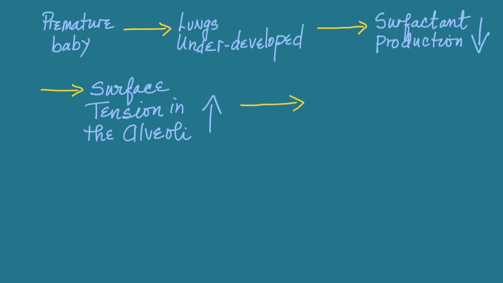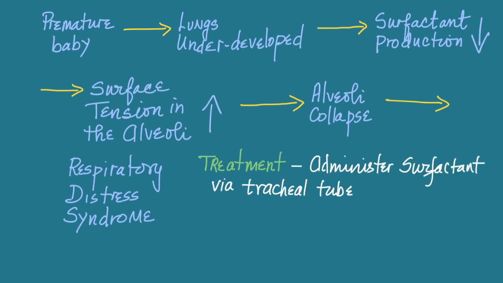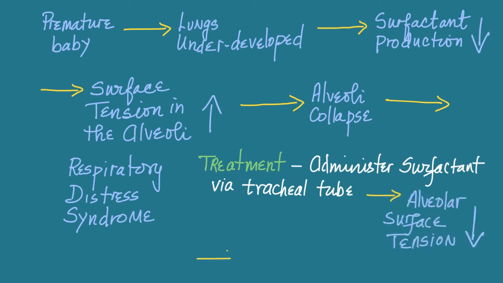As a result, the lungs collapse because the alveoli collapse when exhalation takes place. We call this respiratory distress syndrome. The treatment for this is to administer surfactant through the trachea using a tracheal tube, and the surface tension of the alveolus decreases, causing the alveoli to expand and go back to normal.